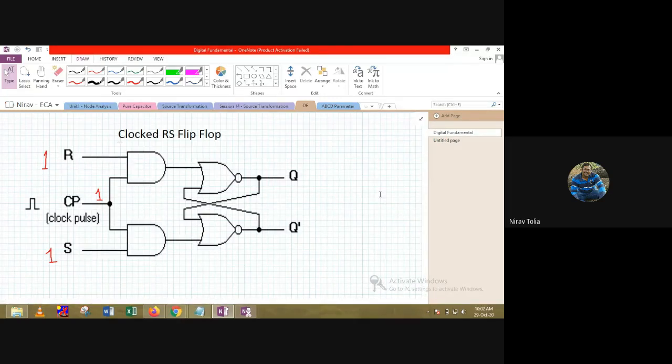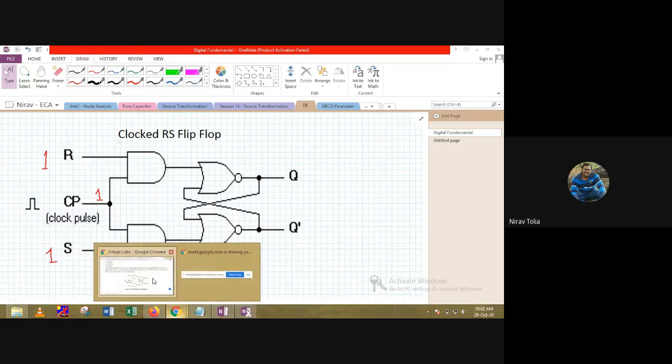The main application of clock is that without applying the clock, the output remains in the state of no change. Okay, so this is the application of clock pulse.